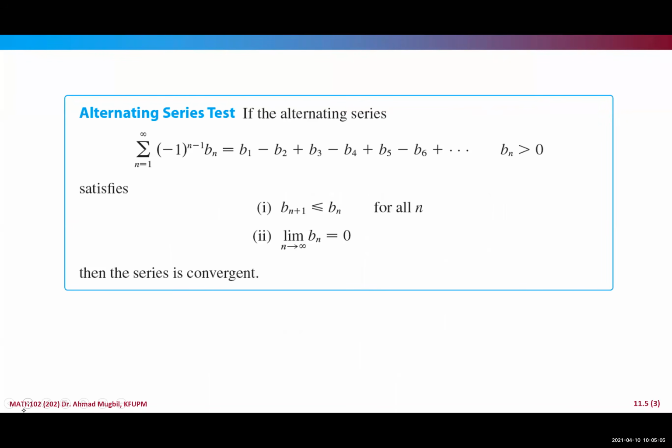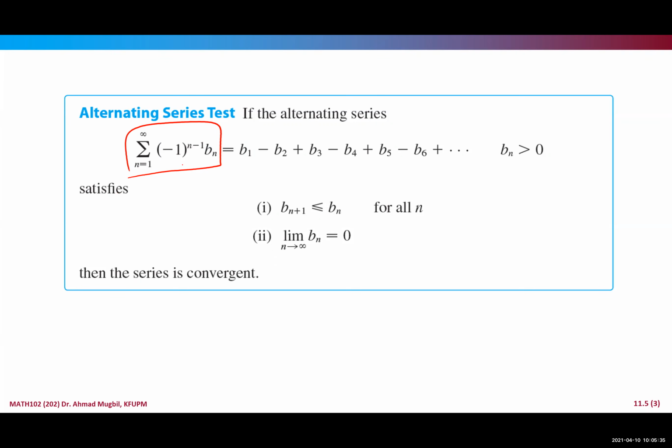What is the alternating series test? Shortly we call it AST, the alternating series test. It says that if you have an alternating series in this form, and again it's okay if you put n plus 1, it is just alternating. What should this satisfy to be convergent?